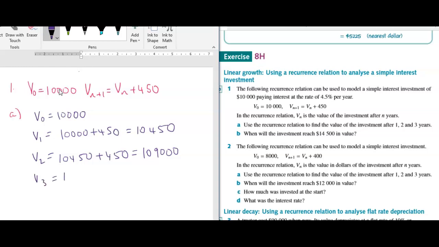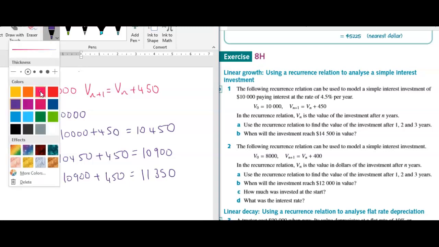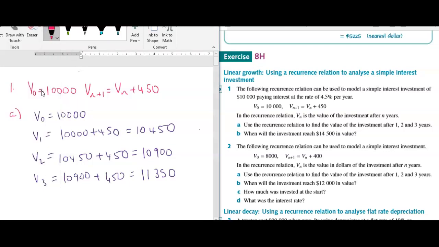So we take the previous value, 10,900, plus 450. So that's 11,350. Gosh, I should use a calculator. Getting muddled up. Okay, so there's your recurrence relation going up by 450 each time.